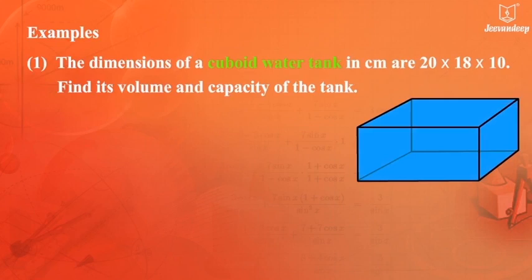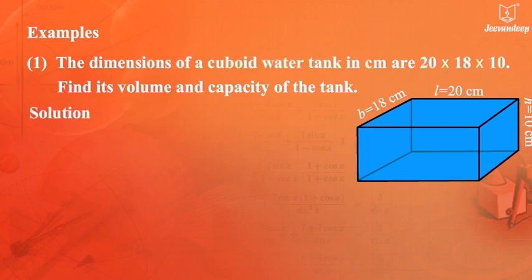Examples. The dimensions of a cuboidal water tank in centimeters are 20 multiplied by 18 multiplied by 10. Find the volume and capacity of the tank in liters. Solution.